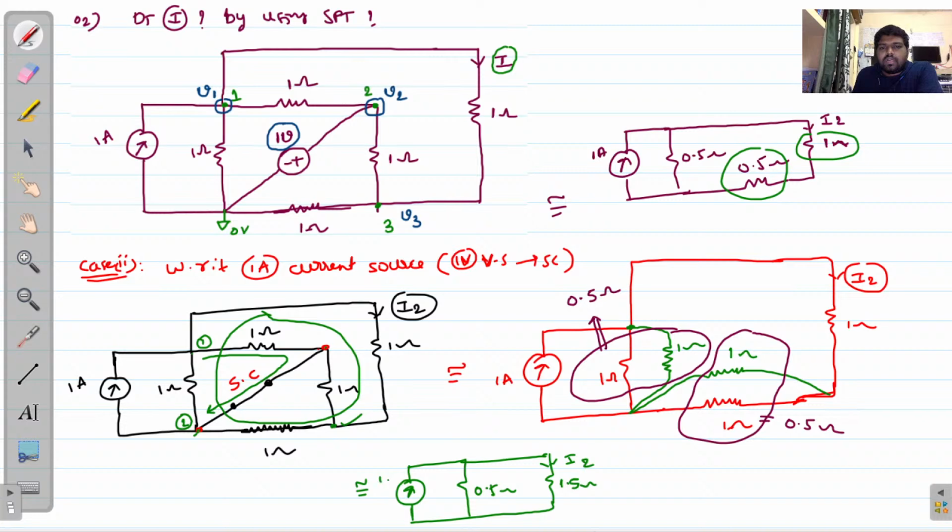This is like a parallel circuit, all three are connected in parallel, but here the source is a current source, which can deliver 1 ampere current for this entire network.